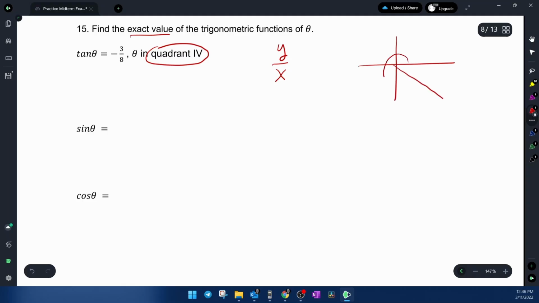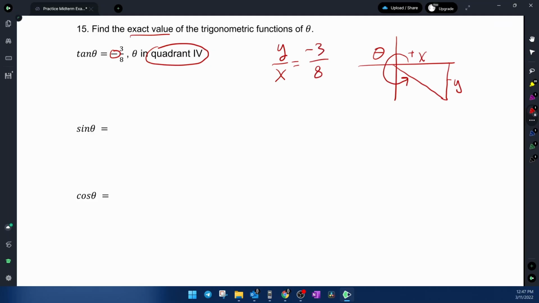So if we draw a quadrant 4 angle, that would indicate that the x value should be positive and the y value should be negative. So now we know that it is the y that gets the negative. So that would be negative 3 over 8.